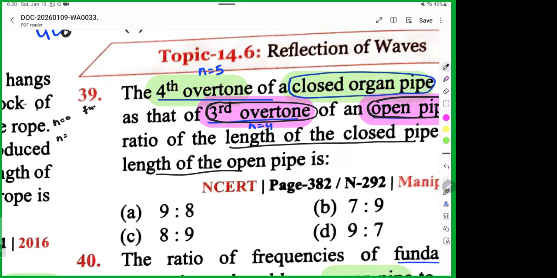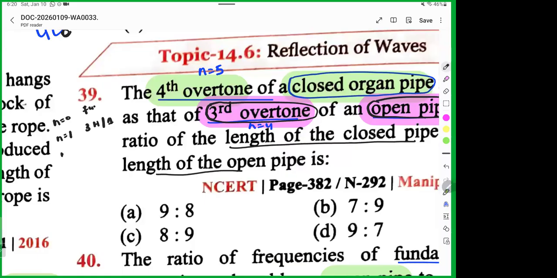If n value 1, then there will be third harmonic and first overtone.